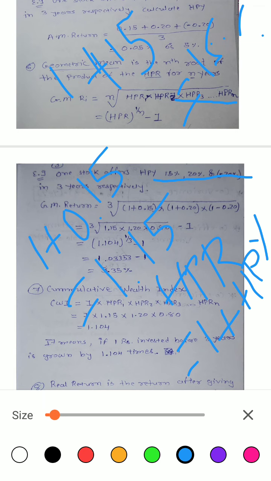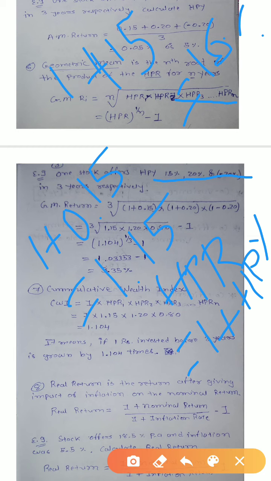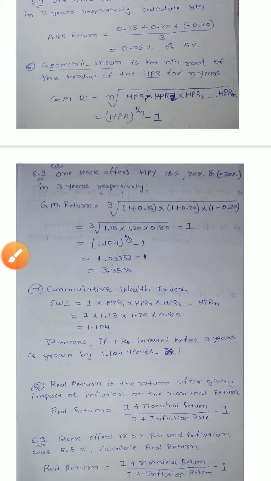Don't do that, it is wrong. You have to use HPY in decimal form only. So this is how the HPR is calculated. 1 plus 0.15 comes to 1.15, 1 plus 0.20 comes to 1.20, 1 plus minus 0.20 gives 0.80. Just multiply all these three, raise to 1 by 3, minus 1, and you will get the return of 3.33.